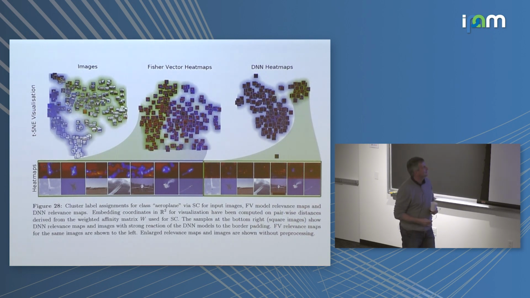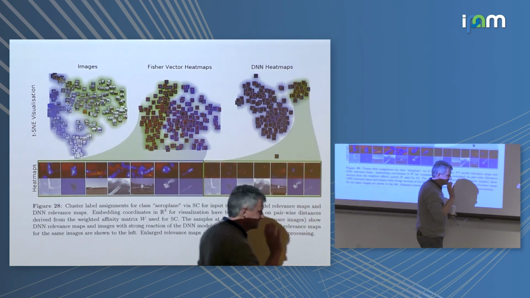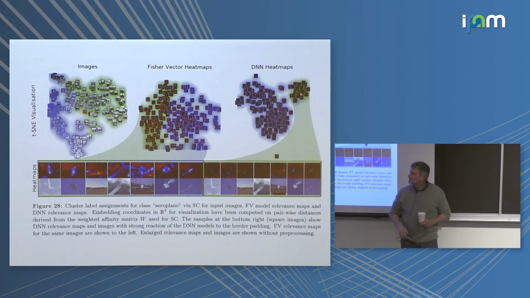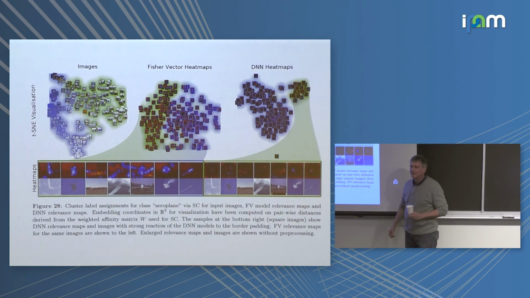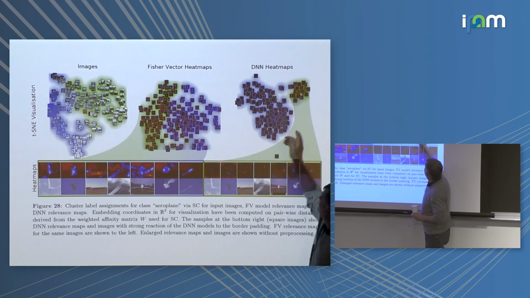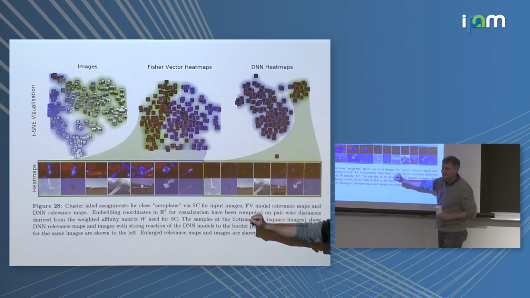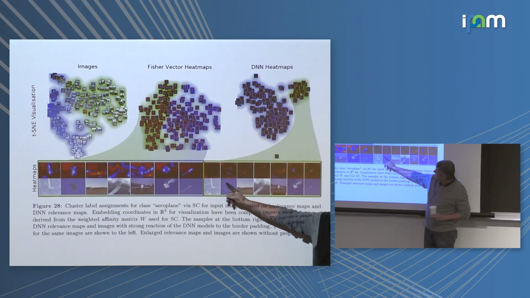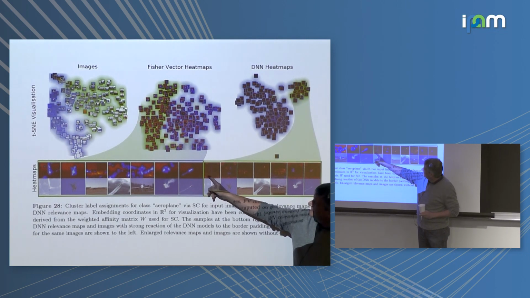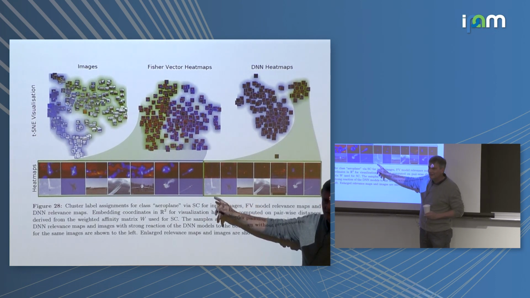So here's one example which I like a lot. It's again a deep model, a state-of-the-art one, and it's classifying airplanes. So you just look at some representatives of this cluster here, and if you eyeball it, what you see is the heat maps are basically looking like a little frame around the image.